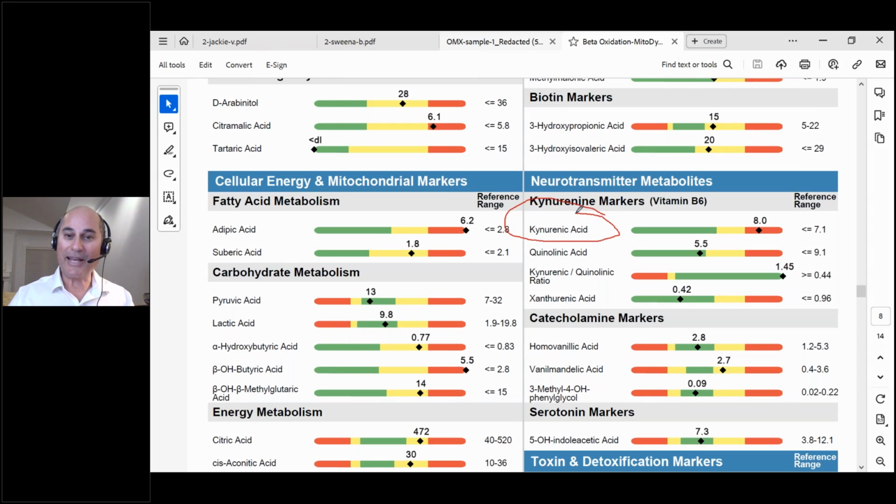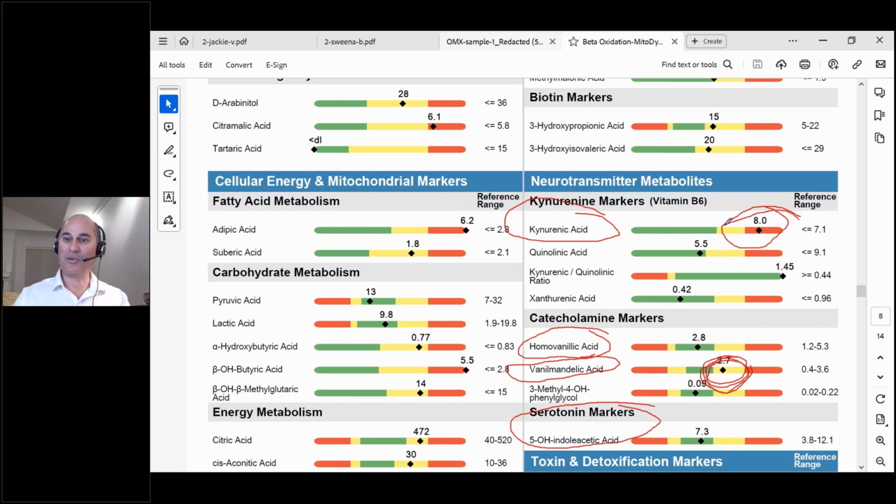There's our kynurenate or kynurenic acid. It's high in the red zone. Our markers for dopamine, epinephrine and norepinephrine are down here. So the norepinephrine and epinephrine, or catecholamine marker, vanilmandelic acid, is elevated. That's not good. And the serotonin marker is normal.